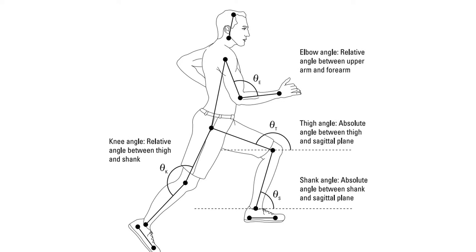Now it's important to point out that most joint angles that you measure or are able to measure can be measured relatively or absolutely.